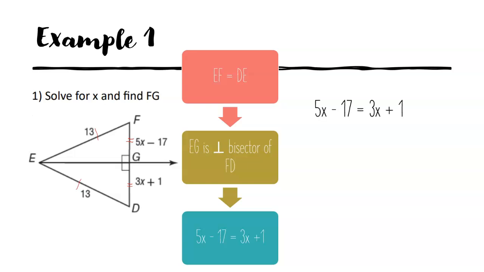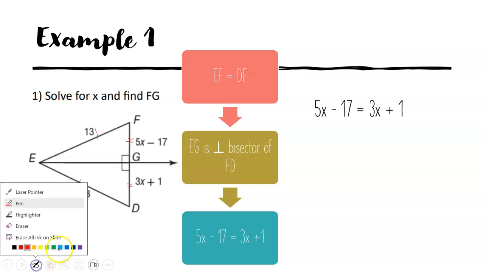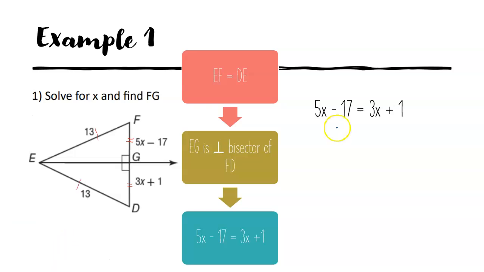So I set that up as an equation so that I can figure out what x is. So I'm looking at 5x minus 17 equals 3x plus 1. I'm going to subtract 3x, so I get 2x minus 17 equals 1. I'm going to add 17 to both sides, so I get 2x equals 18, and then I know that x is equal to 9.